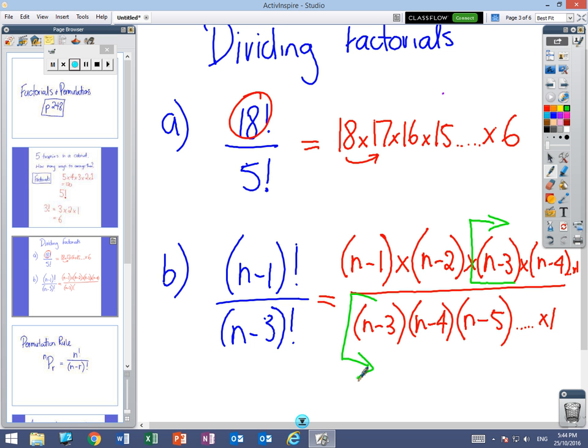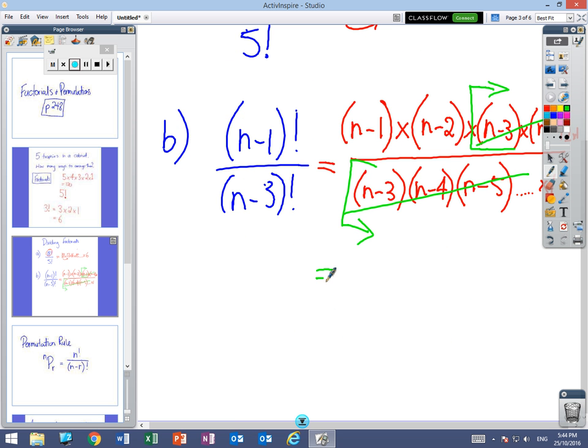So despite the fact that we don't know how many numbers there are or what n is, that can go and that can go. In this particular case, our answer would just be n minus 1 times n minus 2.